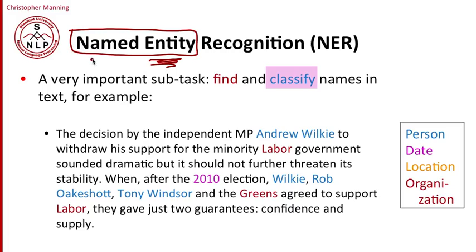And then the idea of named was that some entities have names. So I, Christopher Manning, have a name, but the chair I am sitting in as I record this is also an entity. It's a discrete physical thing, but it doesn't actually have a name attached to it, so it's not a named entity. That's the kind of philosophical history.